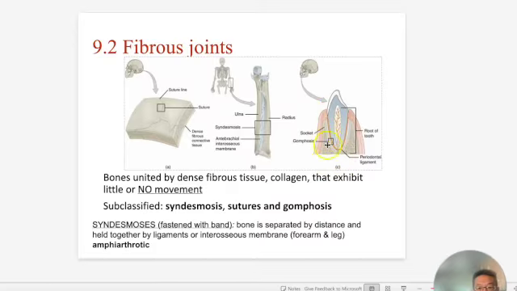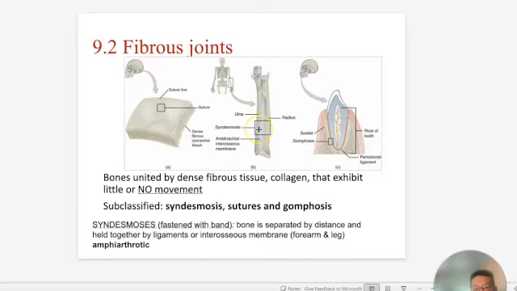Gomphosis would be like your teeth right here. They're not movable, unless you have a loose tooth. And your sutures, you've seen the sutures. Syndesmosis is here, your ulna and radius.